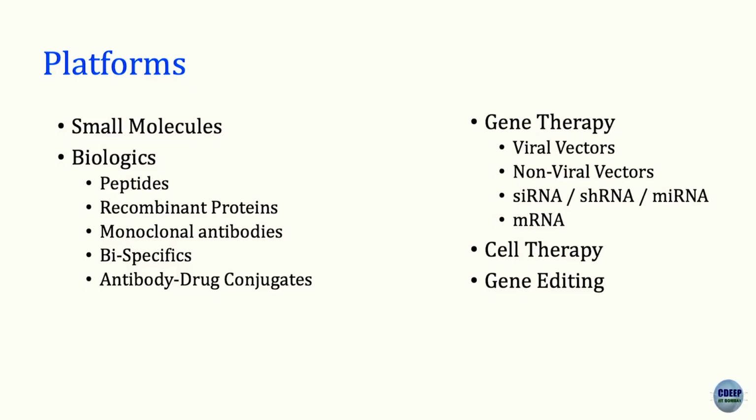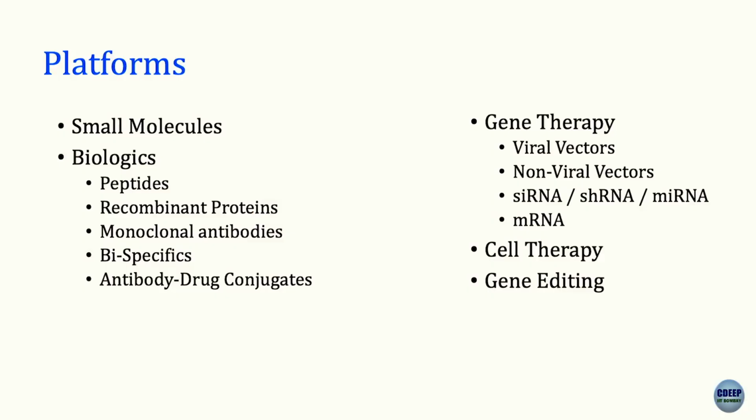We also need to develop a platform for manufacturing these different kinds of drugs. Next, drugs like gene therapy we already discussed. Viral vectors are required, as well as non-viral vectors, siRNA, short RNA, miRNA, mRNA. There is cell therapy, gene therapy or gene editing.